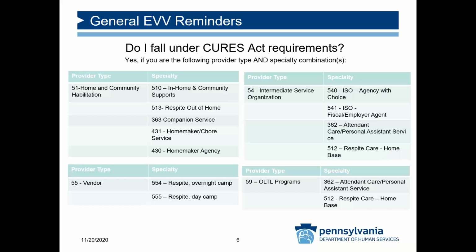We also have provider type 55 vendor, with the specialties of 554 and 555. We also have provider type 54, intermediate service organization, with the specialties of 540, 541, 362, and 512. And then finally, we have provider type 59 for OLTL programs with specialties of 362 and 512.